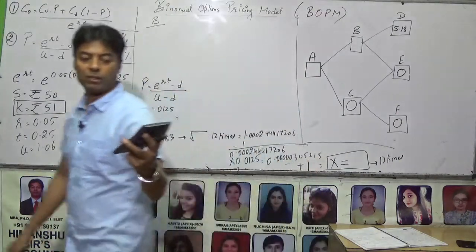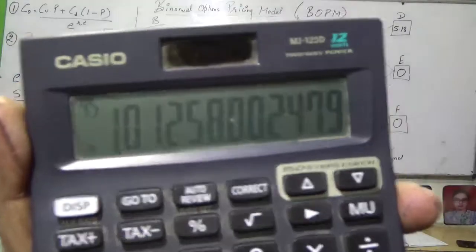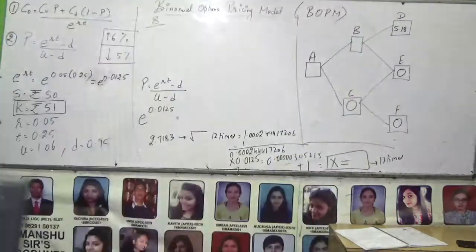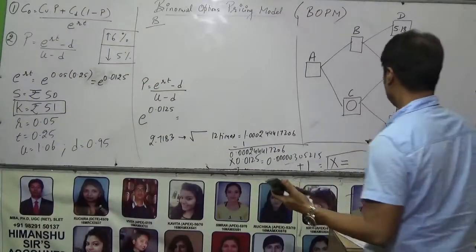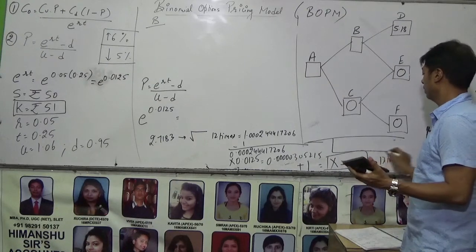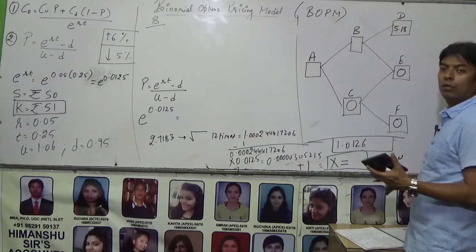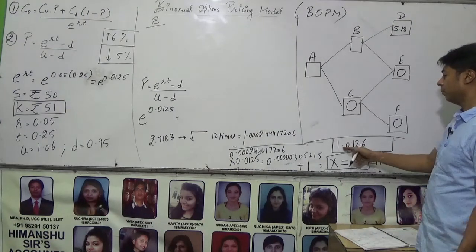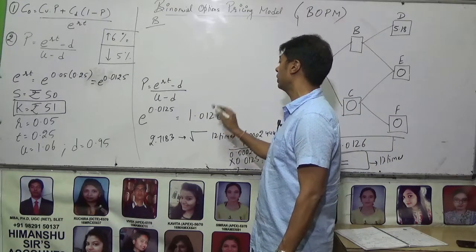So the value which is coming out to be is 1.01258, right? Looking magical. So we are going to round it off. It is becoming 1.0126. So we can write 1.0126.